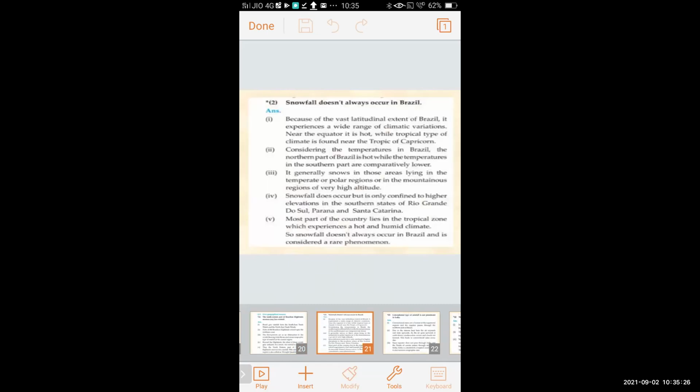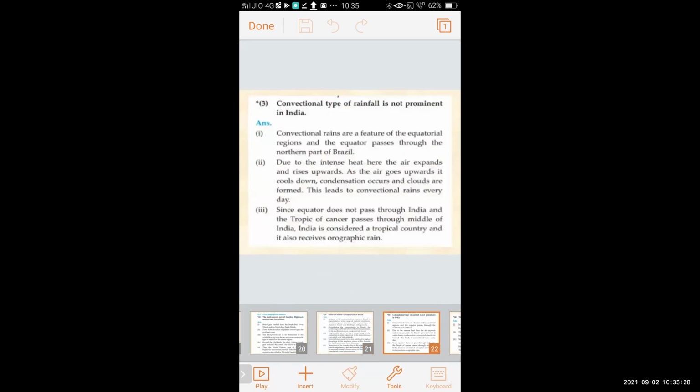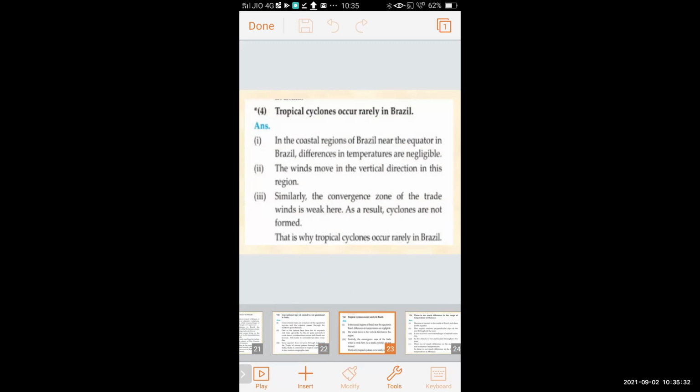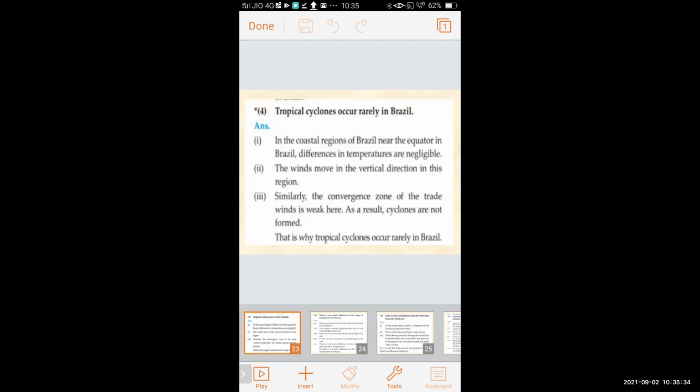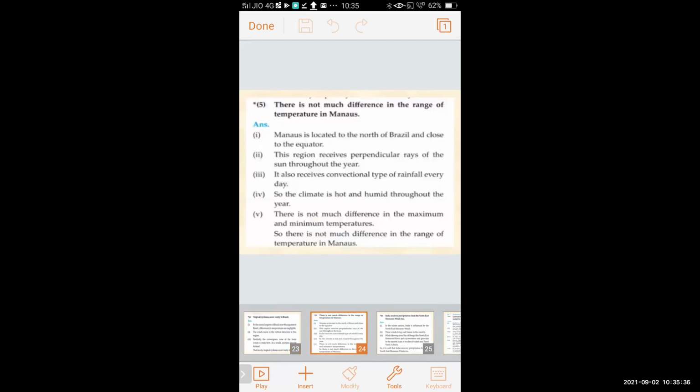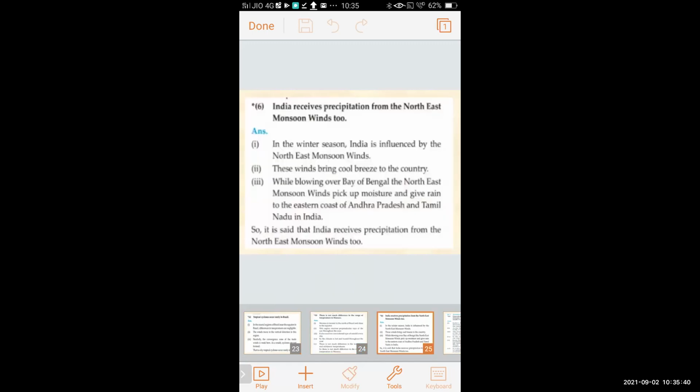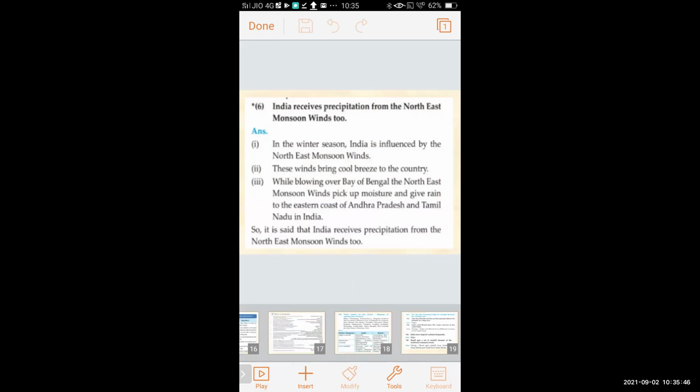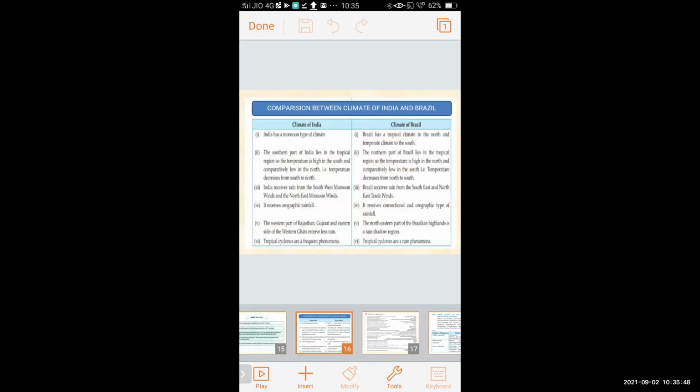Snowfall doesn't always occur in Brazil. Convectional type of rainfall is not prominent in India. Tropical cyclones occur rarely in Brazil. There is not much difference in the range of temperature in Manaus. India receives precipitation from the northeast monsoon winds, and we have learned about the comparison between the climate of India and Brazil.